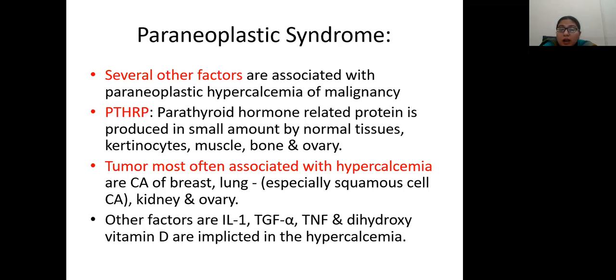These tumors are carcinoma of the breast, lung, especially squamous cell carcinoma, kidney, and ovary. Other factors such as interleukin-1, transforming growth factor, tumor necrosis factors, and dihydroxy vitamin D are implicated in hypercalcemia.